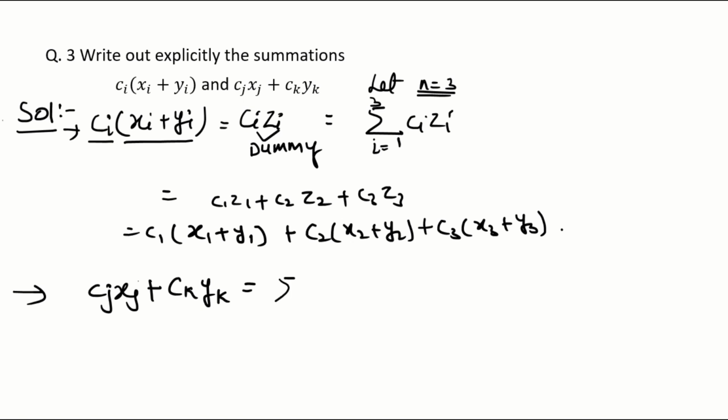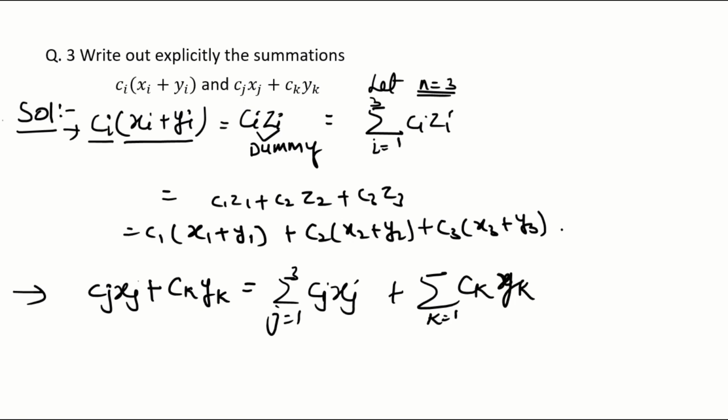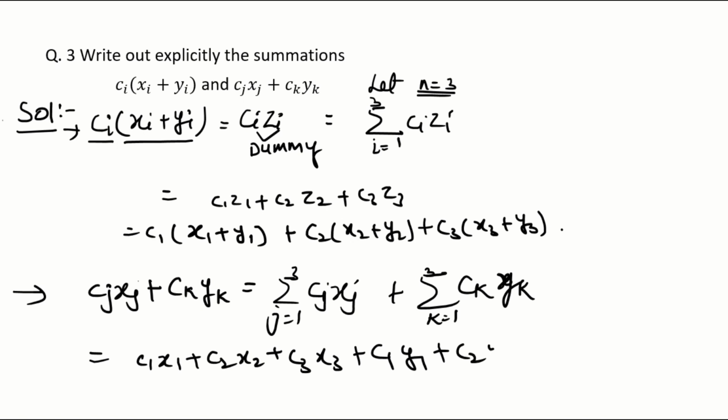So cj xj will be a sum over j from 1 to 3, and ck yk a sum over k from 1 to 3. Now let us expand it: c1 x1, c2 x2, c3 x3, then we will have c1 y1, c2 y2 plus c3 y3.